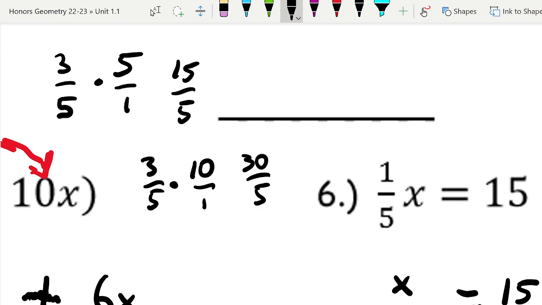Either way, in order to get this fraction eliminated, we need to multiply by the denominator, so we're going to multiply both sides by 5. And we end up with x equaling 75.